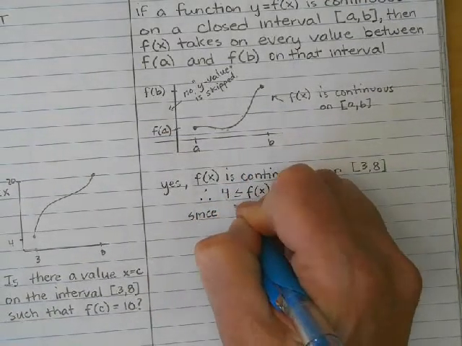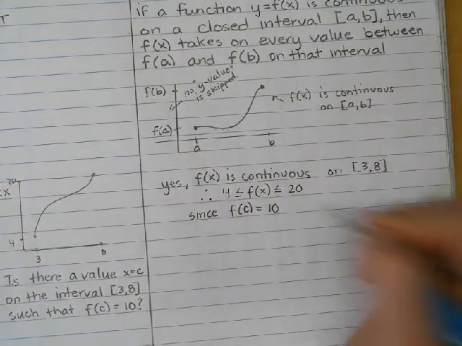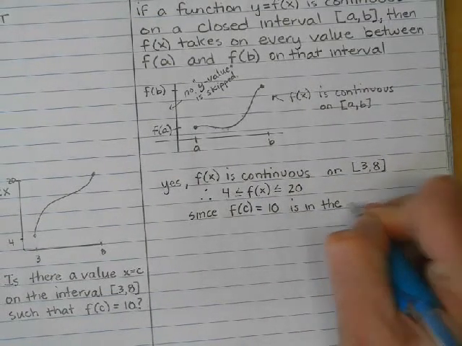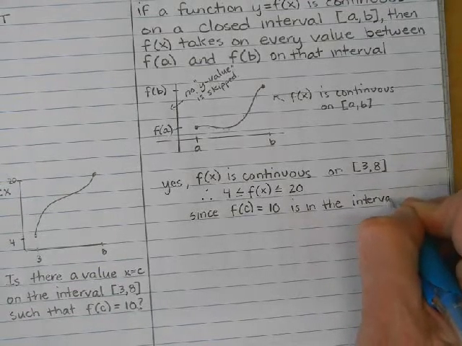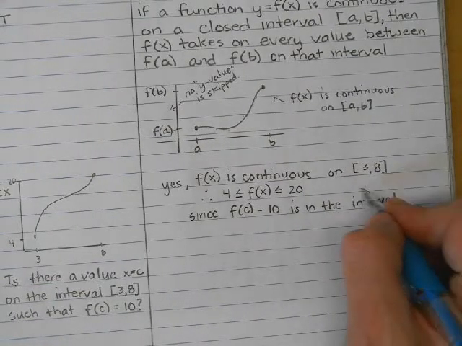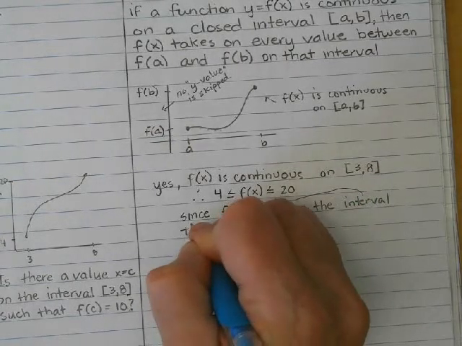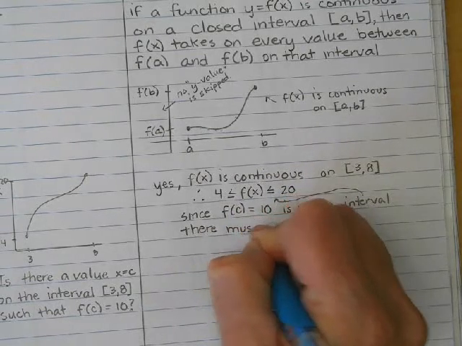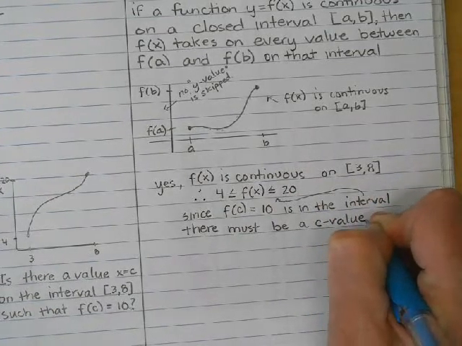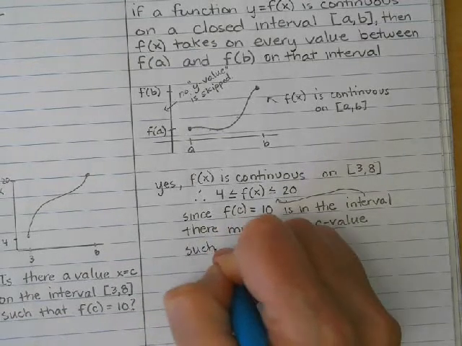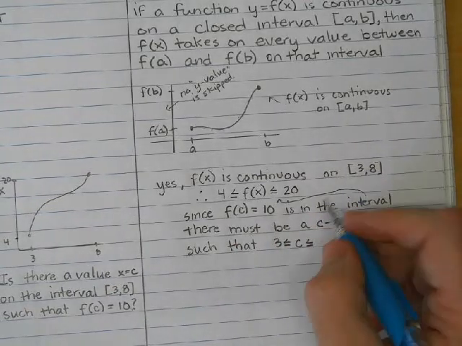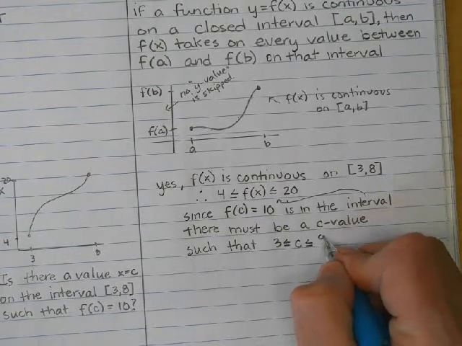So I'm going to put, since f of c equals 10 is in the interval, in this interval right here, there must be a c value such that f of c equals 10, got to be somewhere between 3 and 8.